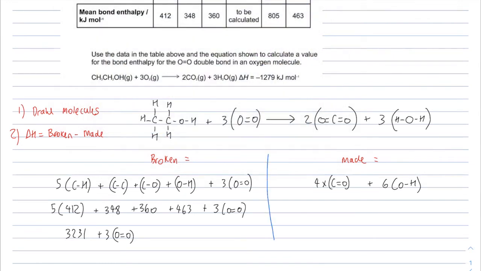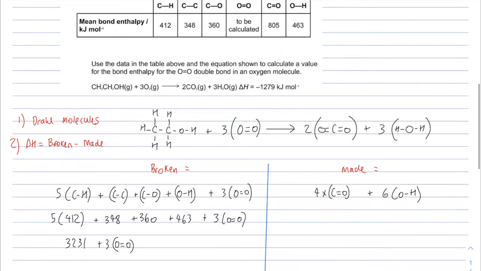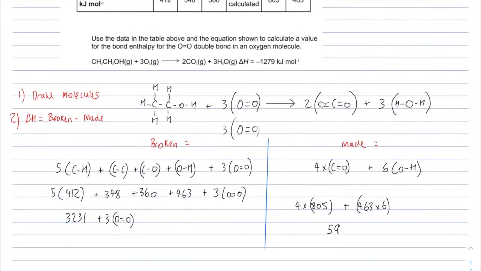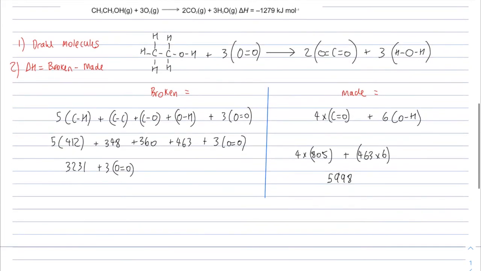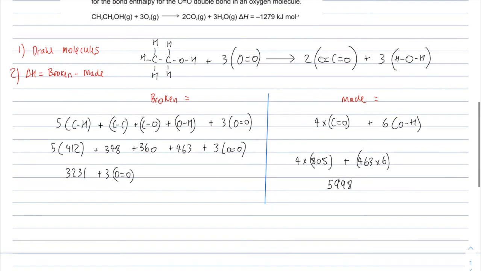And the bonds made are 4 times C=O, which is 4 times 805, plus 6 times O-H, which is 463, which gives us a total value of 5,998. Now, we can use delta H equals bonds broken, take away the sum of the bonds made, to calculate our answer. Looking at the question, it says that delta H is equal to minus 1,279 kilojoules per mole.